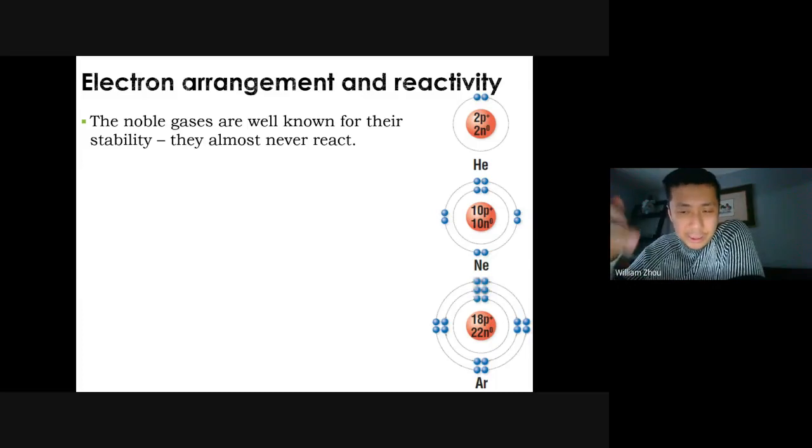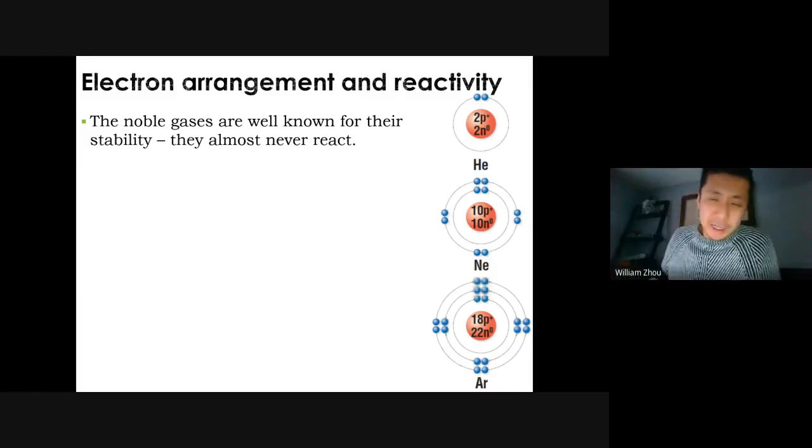How do I know they're noble gases? First of all, they say helium, neon, and argon. I remember those are noble gases. And look at their outermost orbit. They're completely full. So helium has 2 electrons. It doesn't need any more electron. It's already full. Neon has a perfect 8. Argon has a perfect 8.